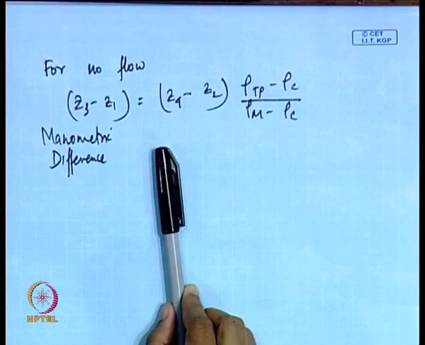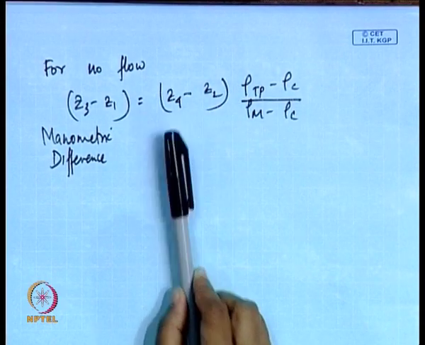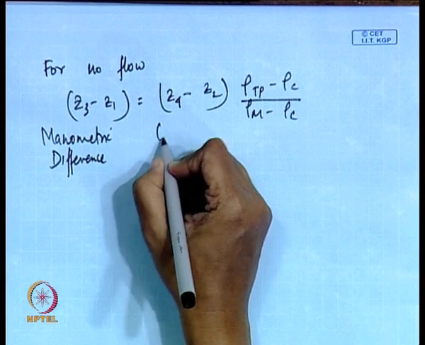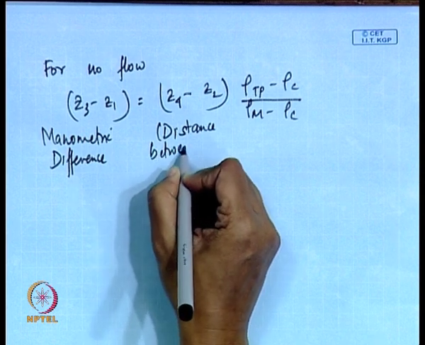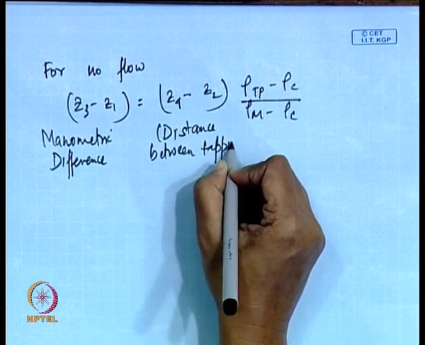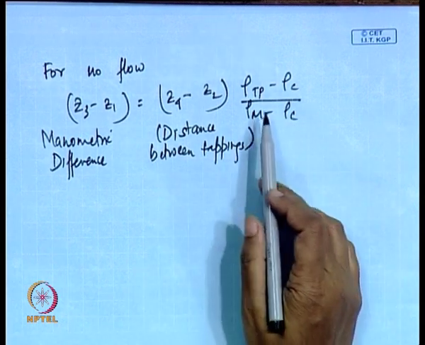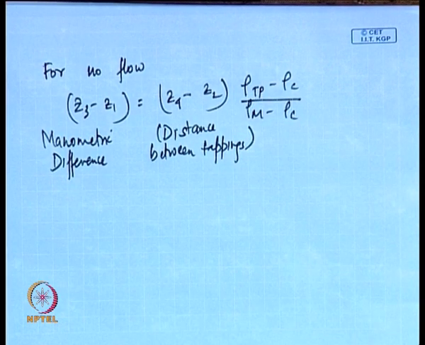But in reality we find that when there is no flow, this manometric difference is a function of the distance between the tappings, and it also depends upon some density differences. What are the density differences? They are the density of the fluid which is flowing through the tube minus the density of the fluid which is filling up the tapping lines.